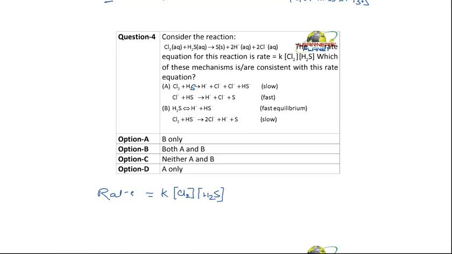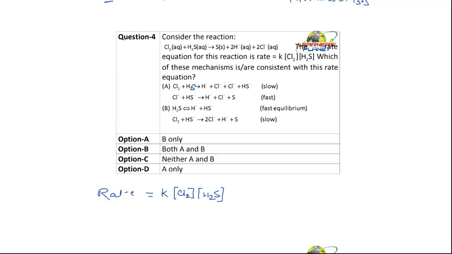And what does your rate law state? The rate law states that the rate of a reaction is proportional to the concentration of reactants, right? And here it is a second order reaction, that is your rate of reaction is dependent on the concentration of two reactants, right?